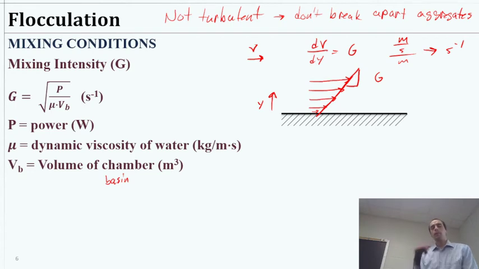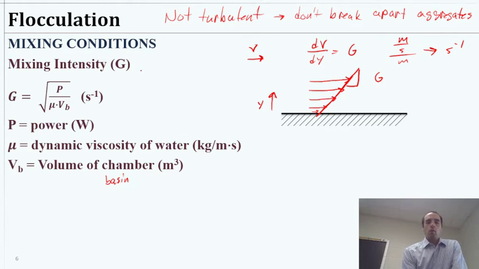And if you think about it, the units are going to work out, because dV, the change in velocity, is meters per second, and dy, how far away from the surface you are, is meters here. And so that's going to leave us with per second. That should be pretty familiar, like our typical first order rate constants, which are per second. So that's lining us up well here.